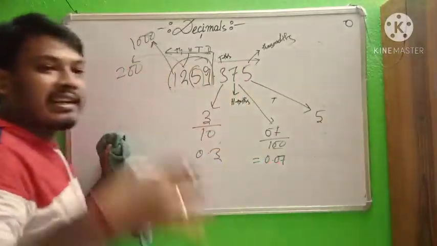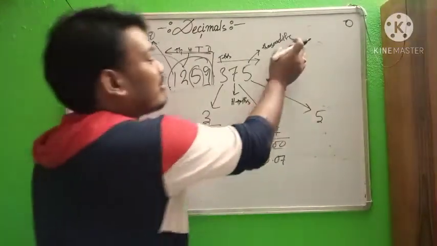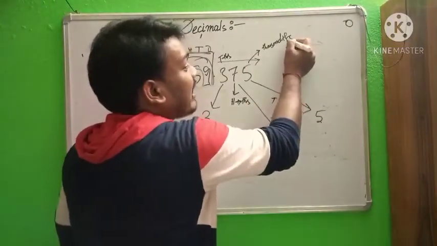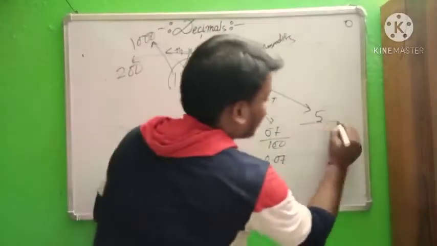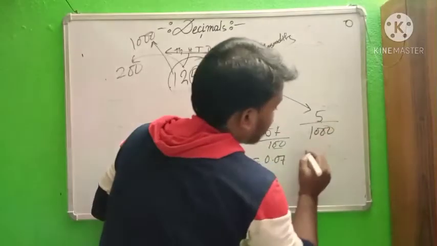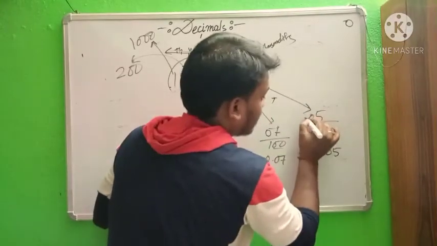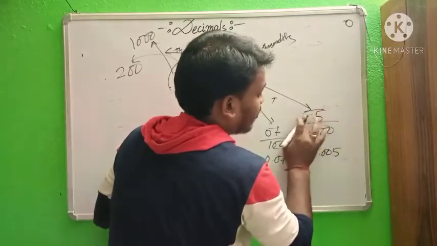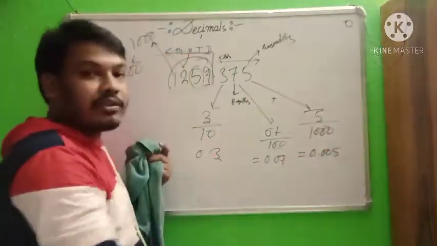And the value of 5 is 5 thousandths. The pronunciation is very tough. Thousandth. That means 5 by 1000, and it is 0.005, because it is a 3 digit number, and there is no need to write it. In your mind you think of 5 as 005.